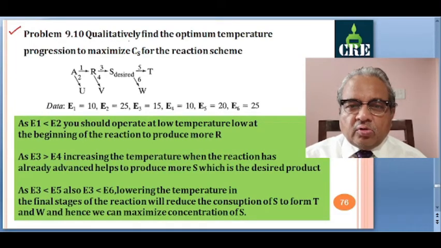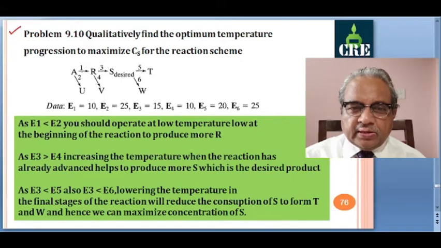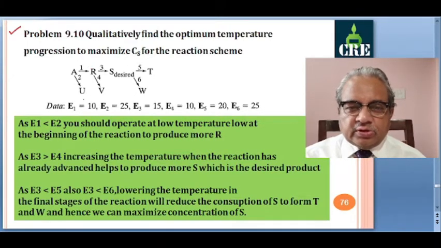Problem 9.10: qualitatively find the optimum temperature progression to maximize CS. The reaction scheme is A gives R gives S gives T further. This is in series. Then we have competing reactions: A is giving R, at the same time A is giving U. R is giving S and R is giving V. S is giving T and S is also giving W. So we have 6 individual reactions and 6 rate constants.